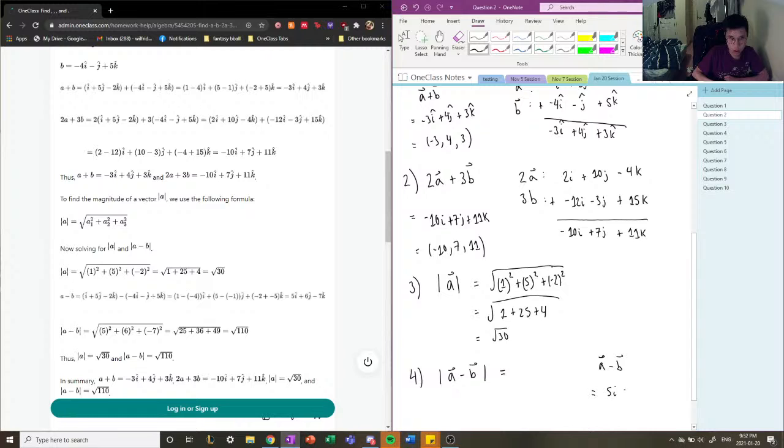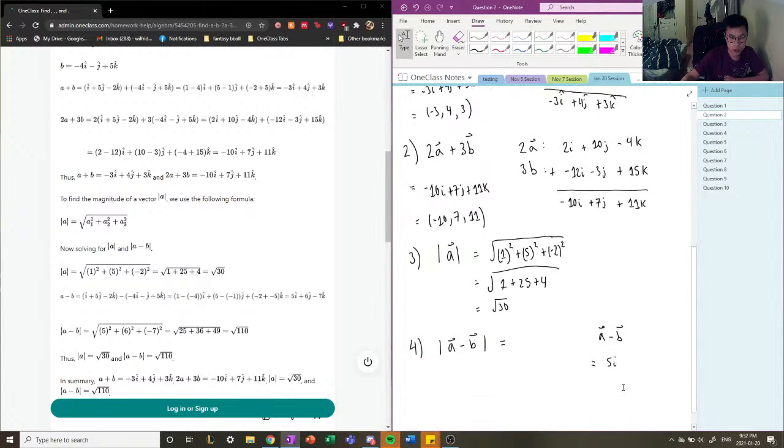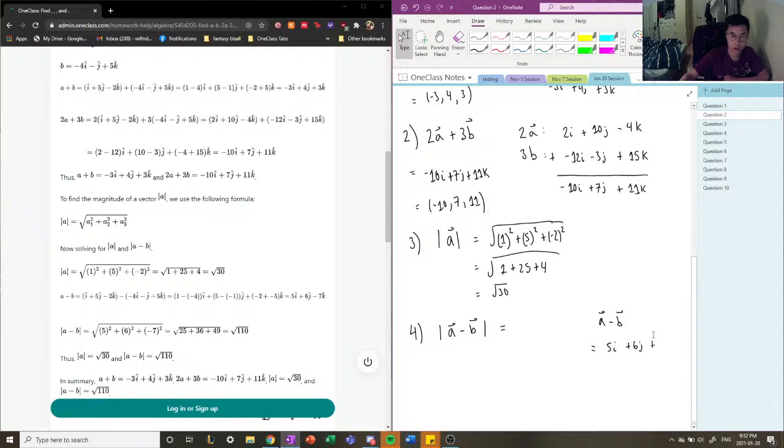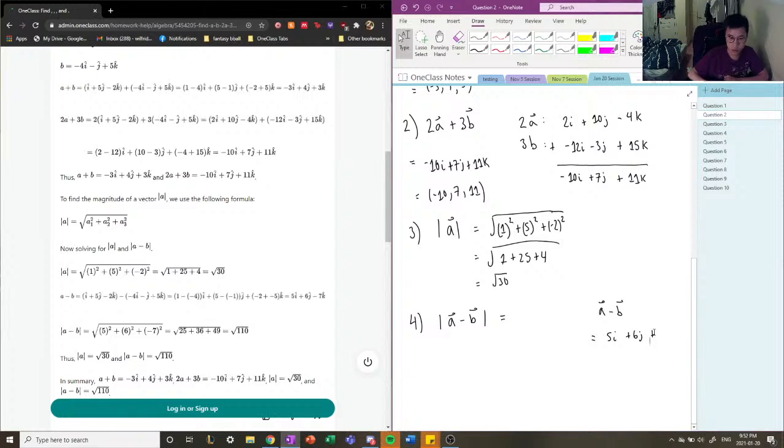5i plus 6j minus 7k. Okay, so this is vector A minus vector B. And then if we take the magnitude, we're going to have 5 squared plus 6 squared plus negative 7 squared.